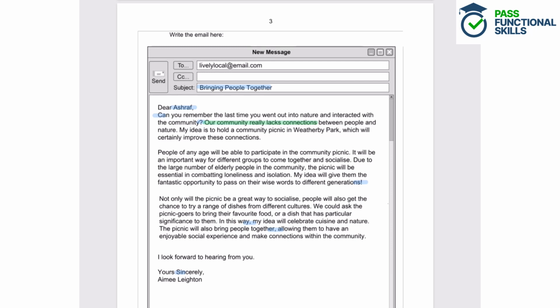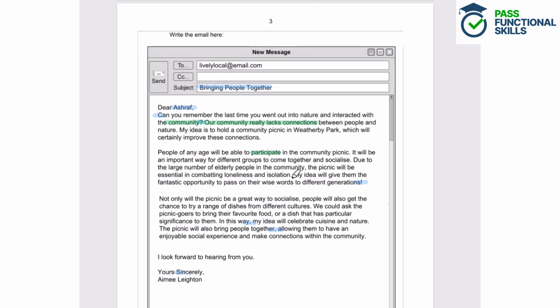Now let's think about the spelling, which is correct throughout the answer, and we've got some more difficult to spell words that have been included here. So for example, we've got connections there, we have community, and we have participate.